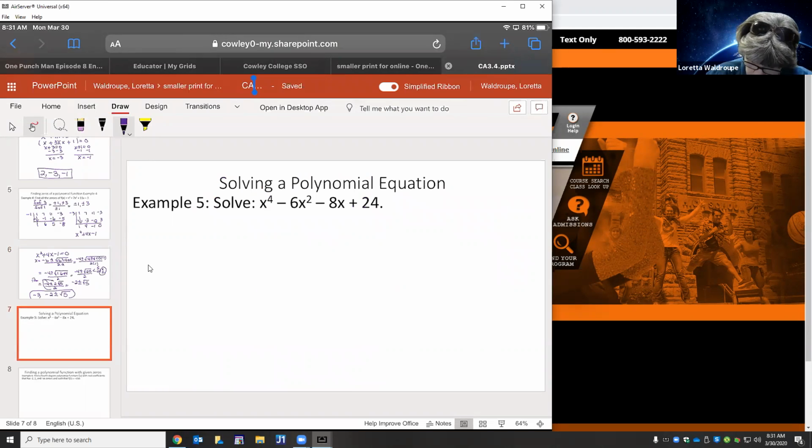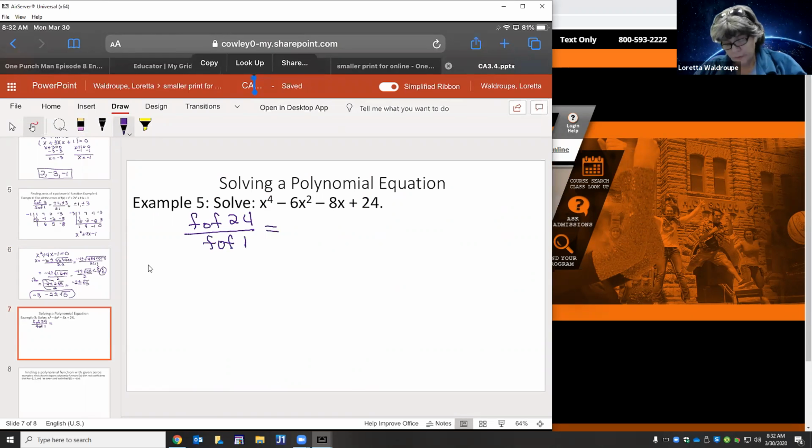Okay, one more. So I've got the factors of 24 over the factors of 1. Anytime you're dividing by the factors of 1, it's really not going to change your factors because you're just dividing by 1.